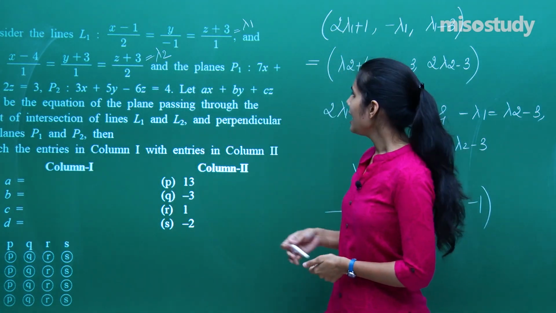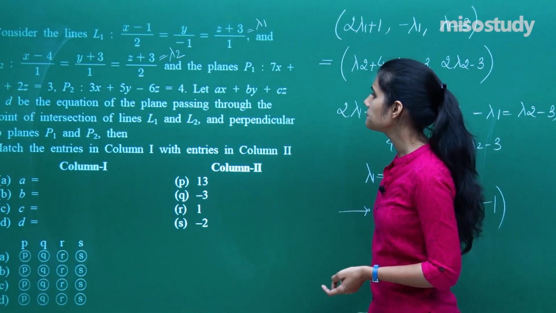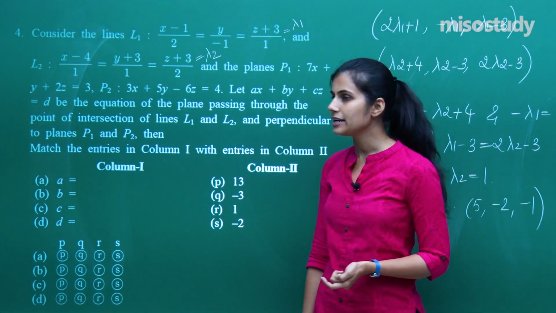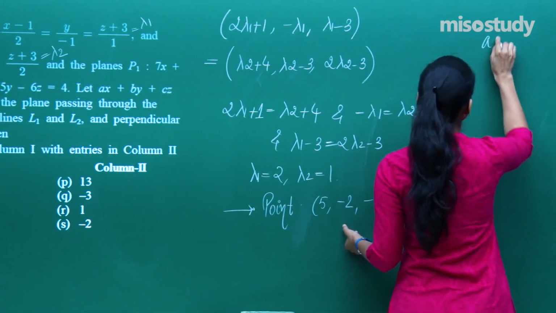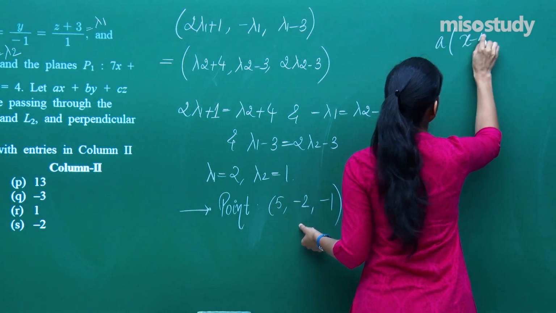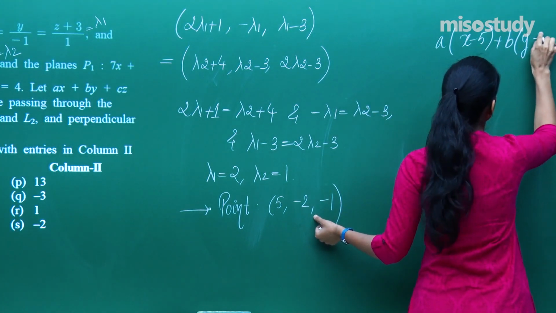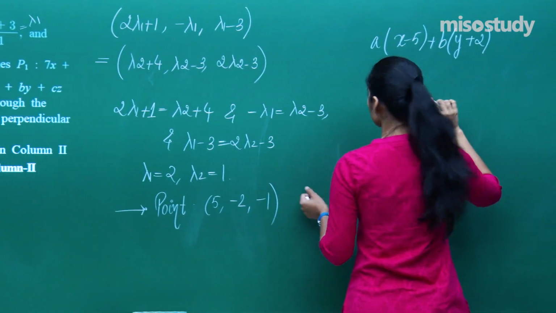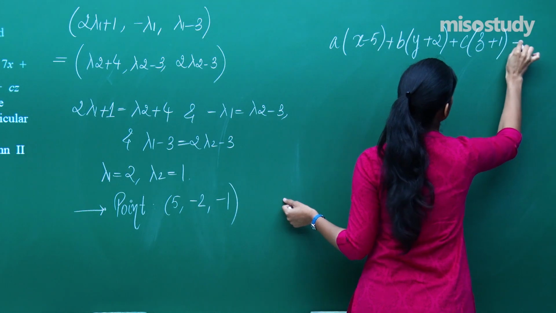Clear? If this is the equation of the plane passing through this point and is perpendicular to the two planes P1 and P2, now see, my plane is passing through this point, so its equation is A times x minus 5 plus B times y minus minus 2, which is y plus 2, plus C times z minus minus 1, which is z plus 1 equals 0.